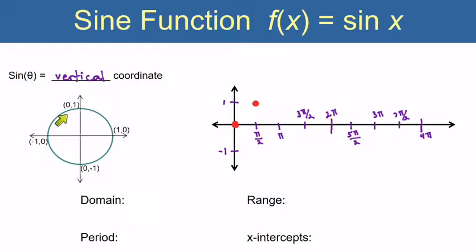Then we let the angle grow until it is pi, and the sine value will be 0. Then let the angle grow until it is 3 pi over 2 radians, and the sine value will be -1. And then let the angle go to 2 pi, and the sine value will go back to 0. And if we went around the circle again, we would get that same pattern again.